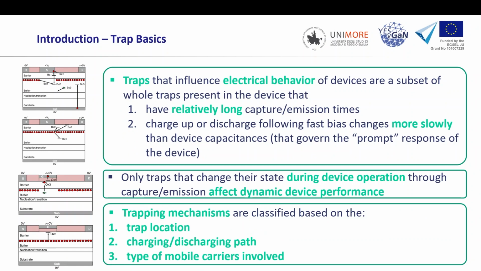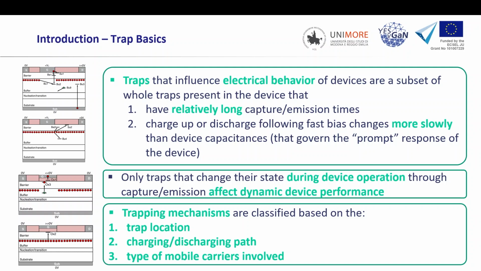A little bit more about trapping: even though traps are a subset of defects, and even among traps, some are not really influencing your device behavior. The traps that are really important are those that have relatively long capture or emission times, so that they respond slowly compared to the charge-up of the device, just the ideal device capacitances.